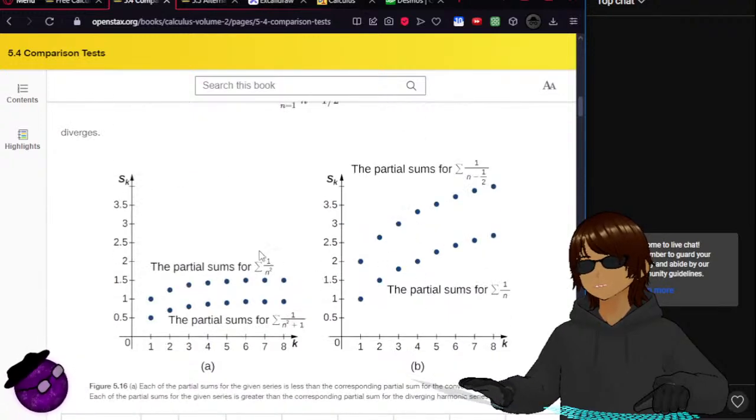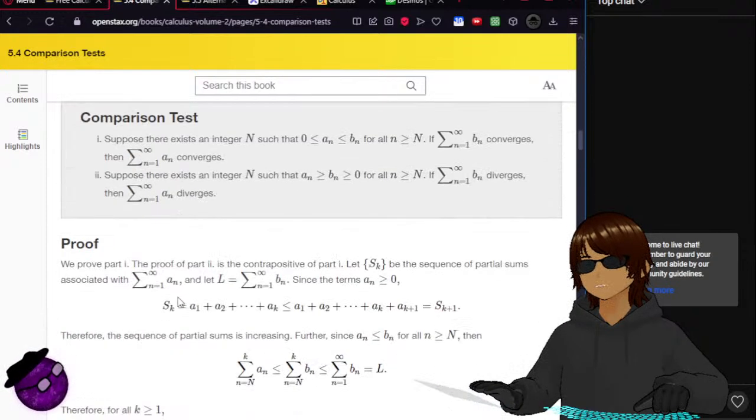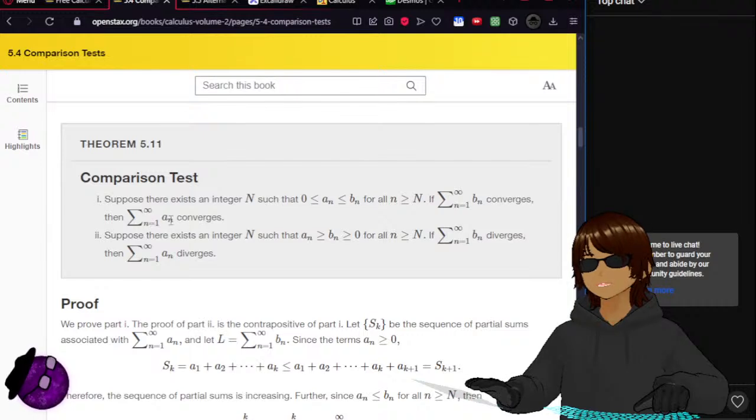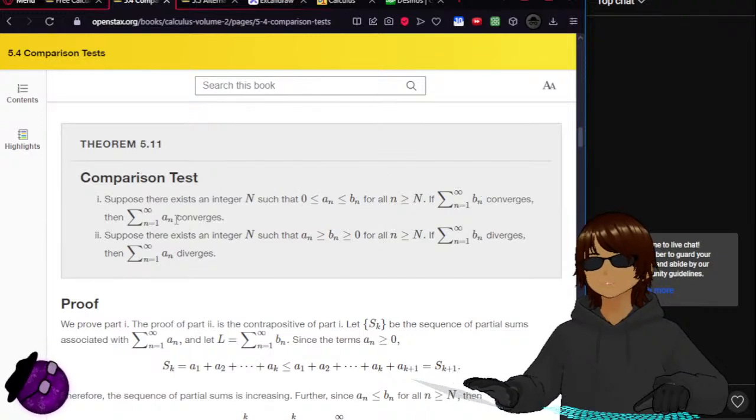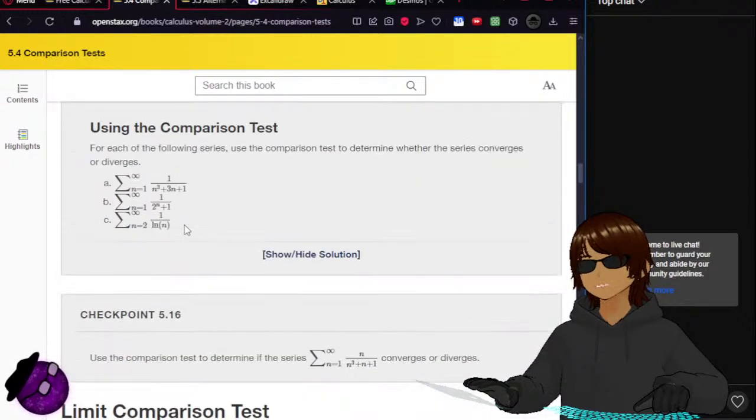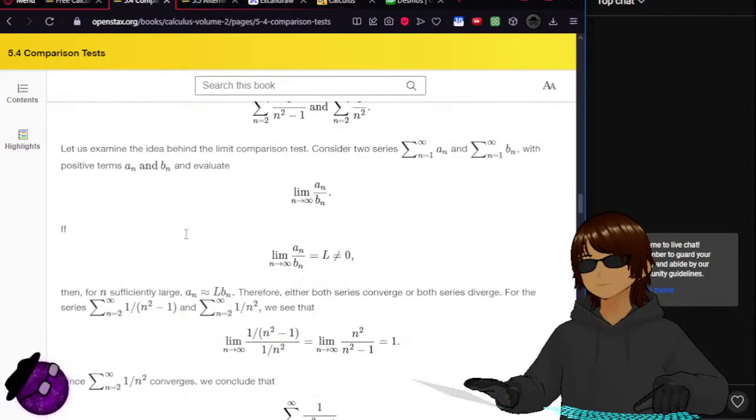This I understand. This I'm a little confused. Because it's not necessary that an might converge. It could be an goes. Oh no, wait, it says an is more than 0. Yeah. Do they mean bn converges to 0? If bn converges to 0, then an will just squeeze in between and also converge to 0.